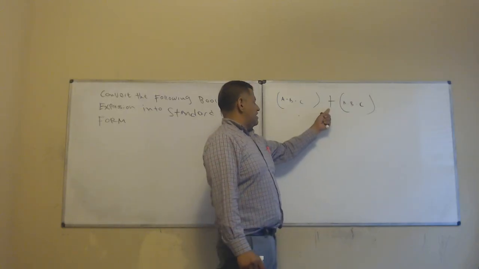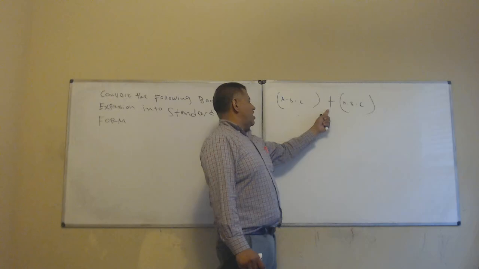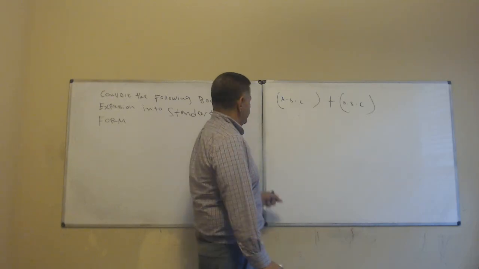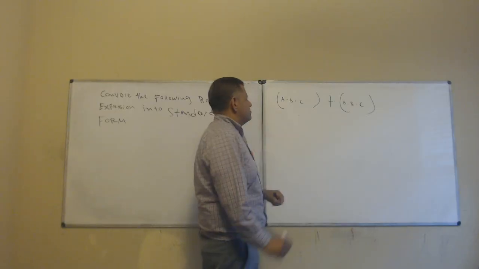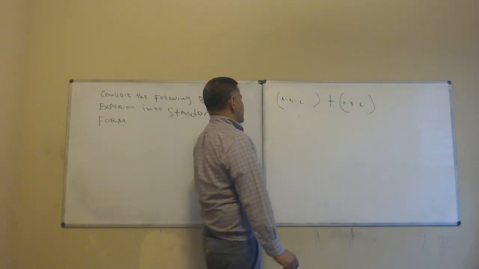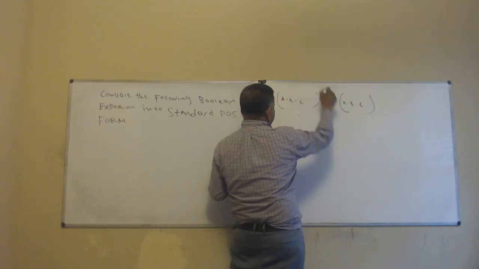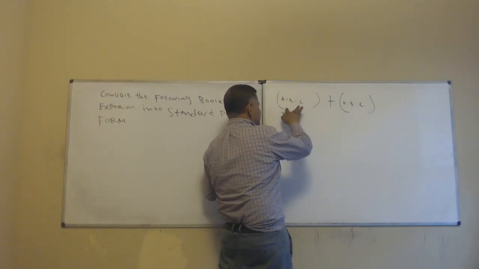You can see you have a plus sign in the middle, which adds the products. That's why it's called SOP, sum of product.